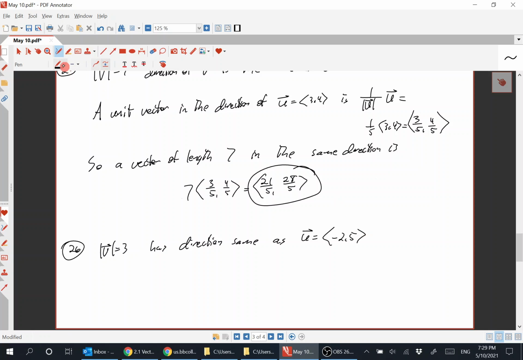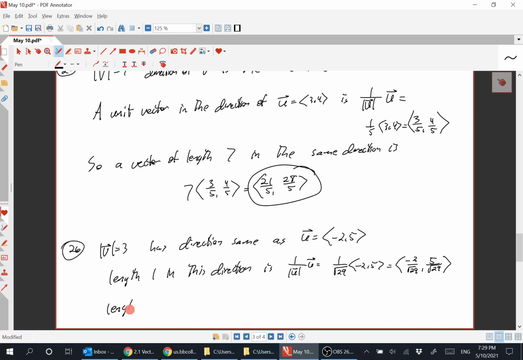So with this one, length 1 in this direction is 1 over the length of u times u. The length of u is square root of 29, which is not a perfect square. So minus 2 over square root 29, 5 over square root 29. That's the unit vector.